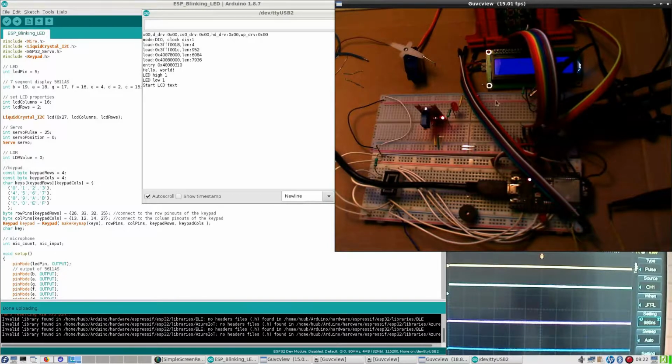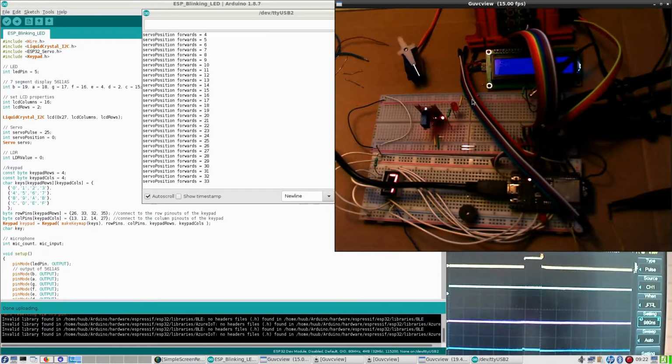So, okay, a flash. Then the familiar text on the LCD. The first now. Then LCD start. Yeah, servo start.